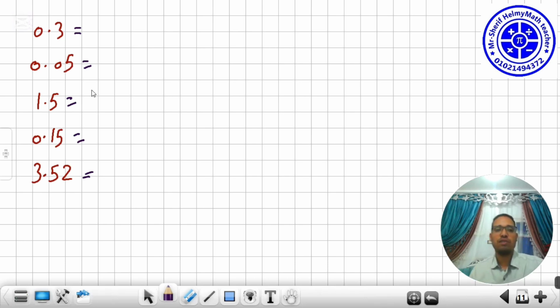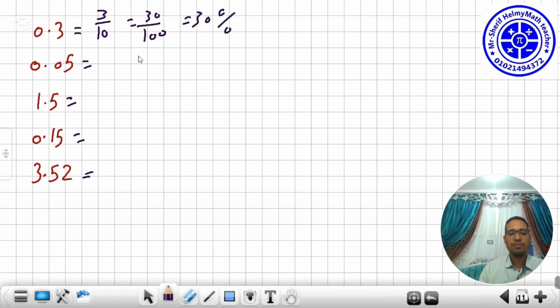Now check the answers. This will be 3 over 10. Here multiply by 10, multiply by 10. It will be 30 over 100, 30%. Here will be 5 over 100, equal 5%. Here 15 over 10, times 10, times 10. 15 times 10 is 150. 10 times 10 equals 100.